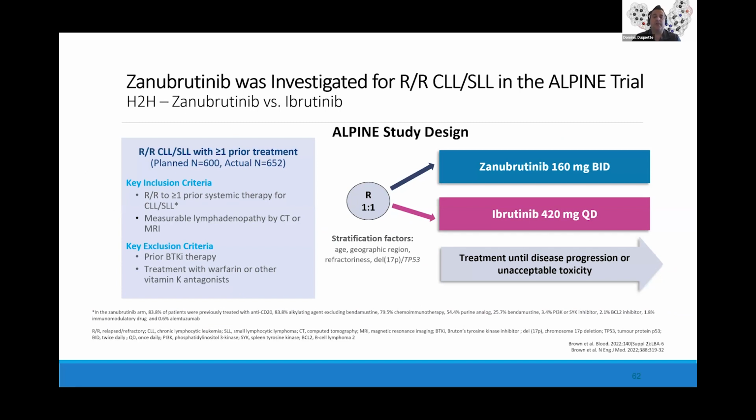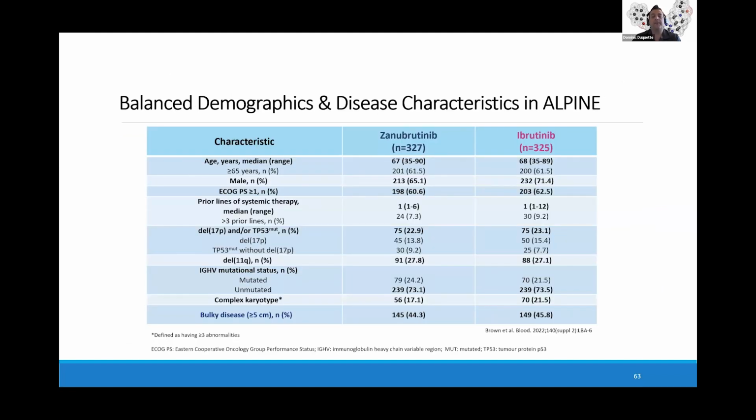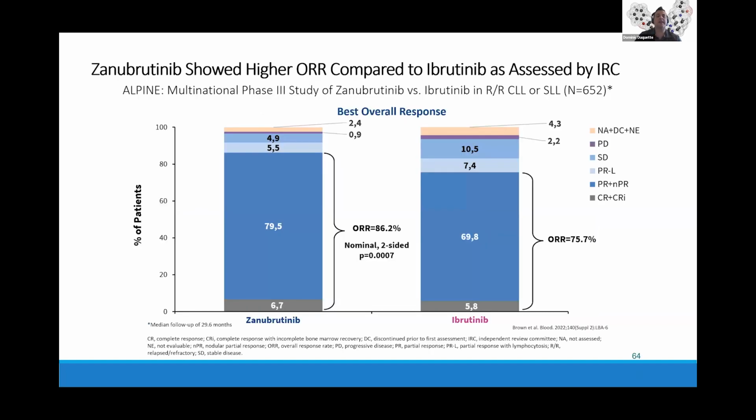The zanubrutinib trial, the ALPINE study, compared zanubrutinib 160 twice daily to ibrutinib 420 once daily. Again, this was a relapsed refractory study, but if you're going to use one, what's the difference between the two? For the overall response rate, there was a difference.